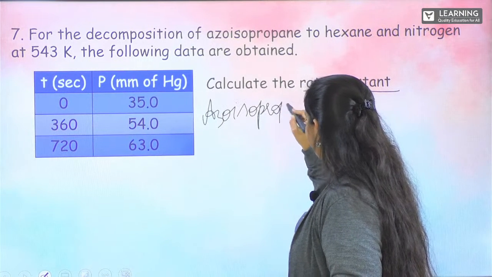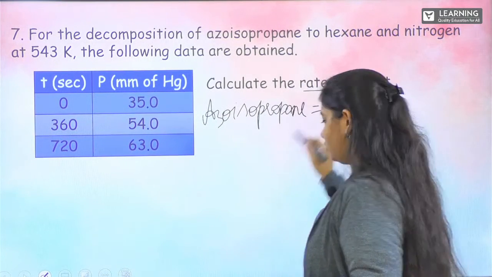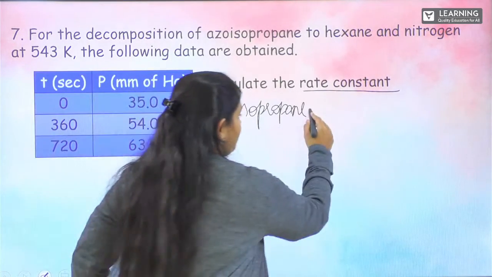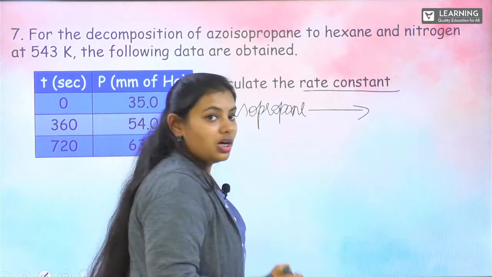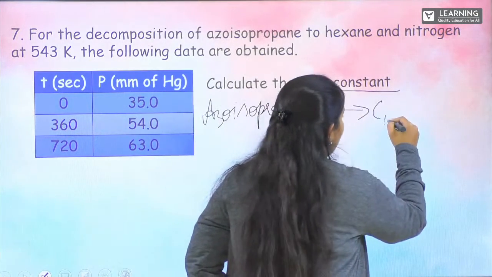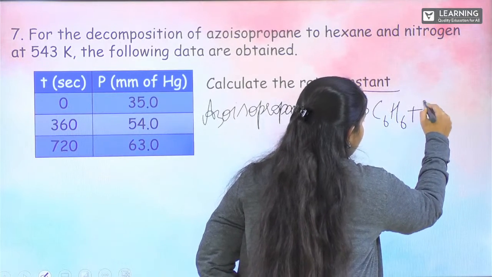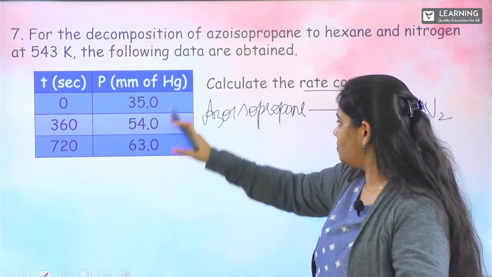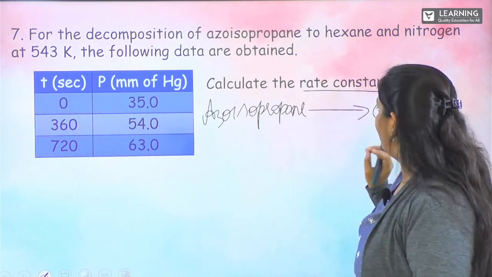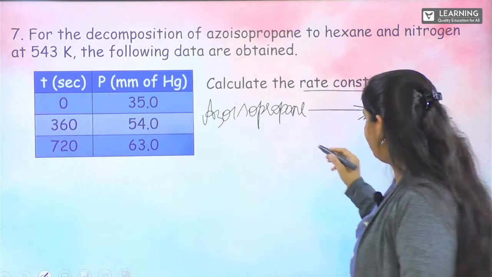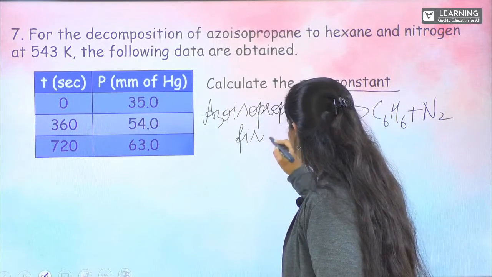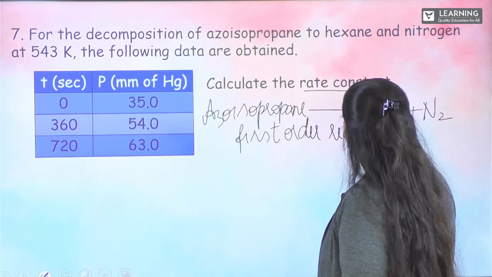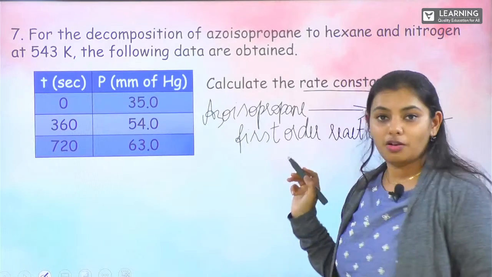So what is the decomposition reaction of azoisopropane? Azoisopropane gives us what? C6H6, which is benzene, plus N2. Now the following data is being given. We need to calculate the rate of the reaction. This is a first order reaction.